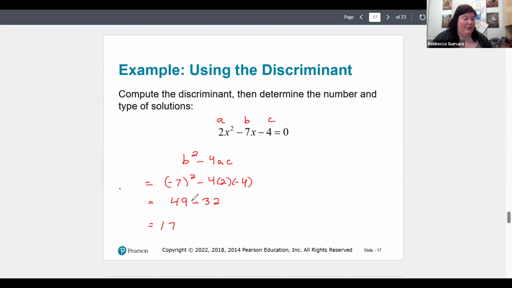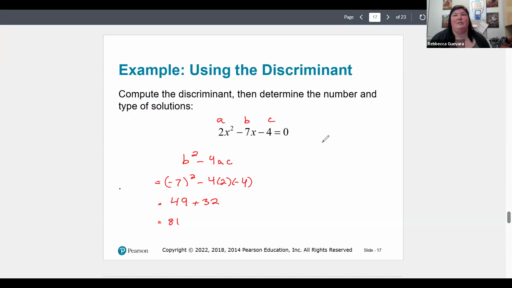It didn't seem right. Minus and minus, so that should be a positive. There we go. Now that's working. So then we'll have 49 plus 32, which is 81 as the answer.